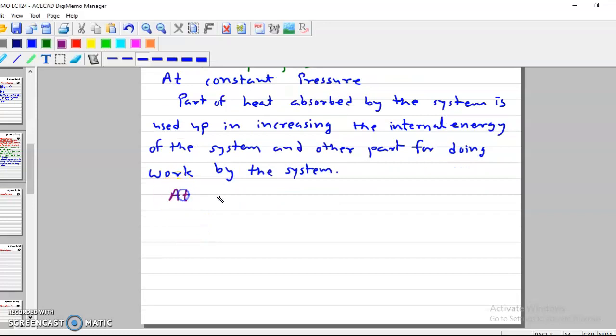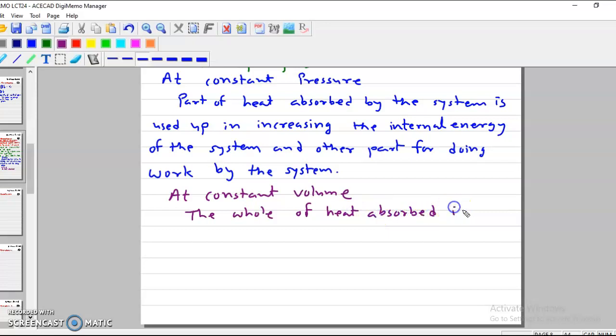Now we see at constant volume. The whole of the heat absorbed is utilized in increasing temperature only.